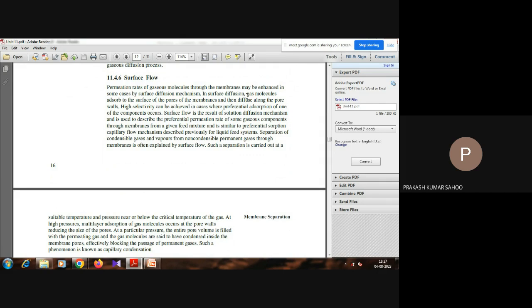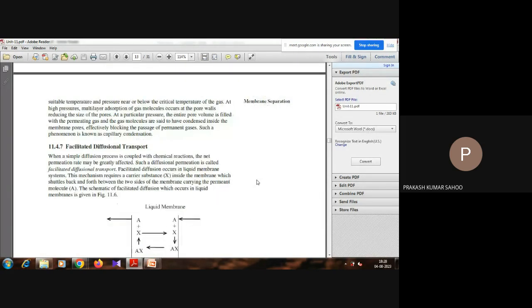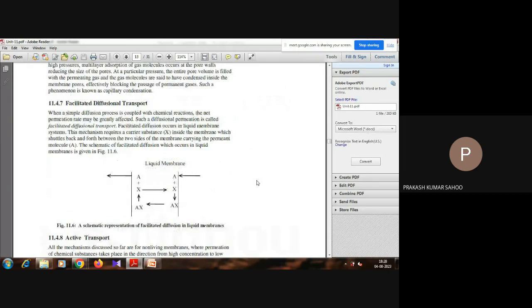In surface diffusion, the gas molecule gets adsorbed to the surface of the adsorbent, that is the membrane, and then diffuses along the pore walls. High selectivity can be achieved in cases where preferential adsorption of one of the components occurs. So in surface flow, the gaseous molecules get adsorbed on the membrane surface to achieve the separation.